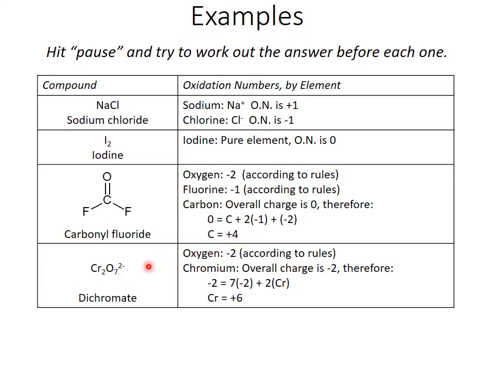The overall charge on this ion is -2, therefore the oxidation numbers must add up to -2. So we set up an expression saying that -2 equals 7 times -2, to account for the oxygen, plus 2 times the chromium, because there are 2 chromium atoms present. If you crunch those numbers down, you find that chromium must be carrying an oxidation number of +6.